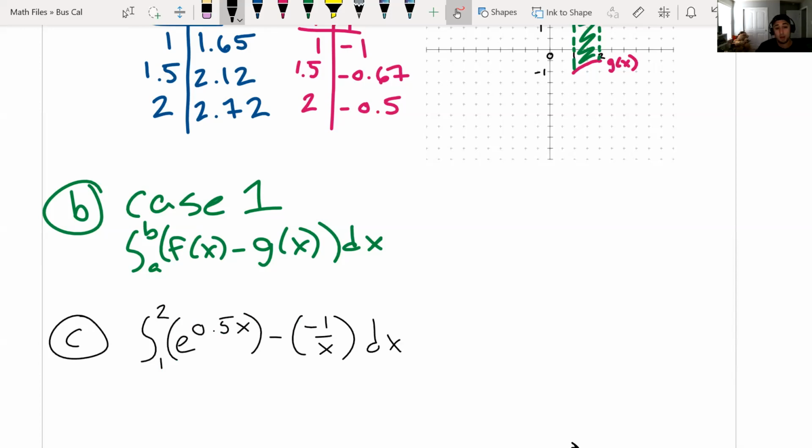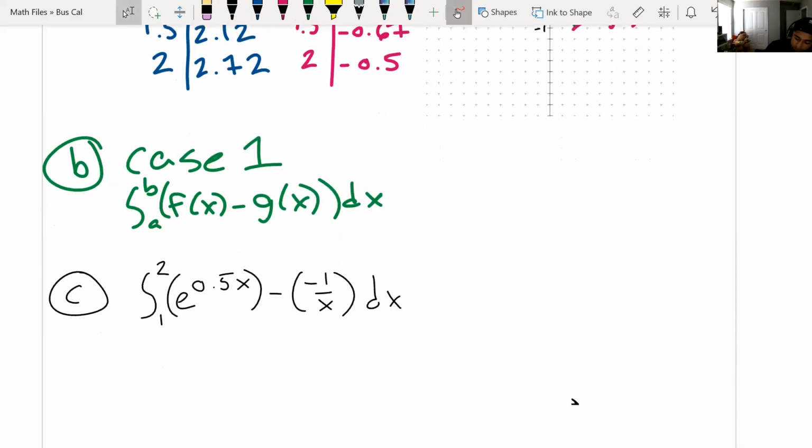Okay. Clean up. This becomes the integral from 1 to 2 of e to the 0.5x plus 1 over x dx.